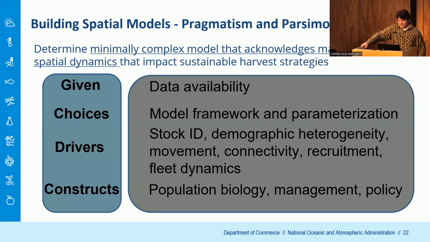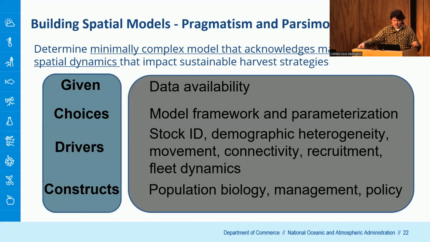Also, there's drivers such as heterogeneity, and sources of heterogeneity and connectivity. And then there's constructs, when we think about things like management, biology, political, et cetera, boundaries, that drive some of these decisions.